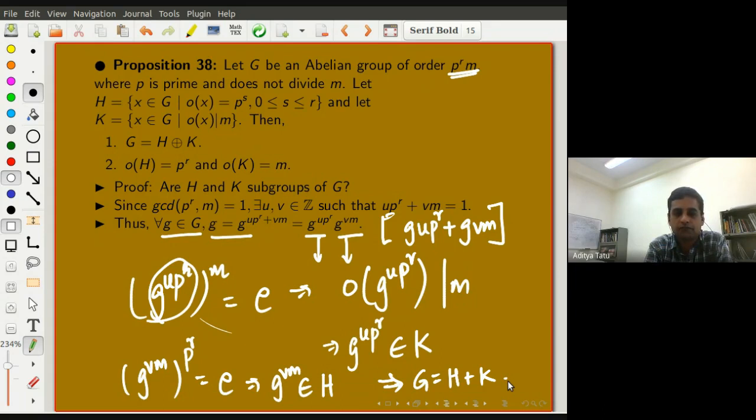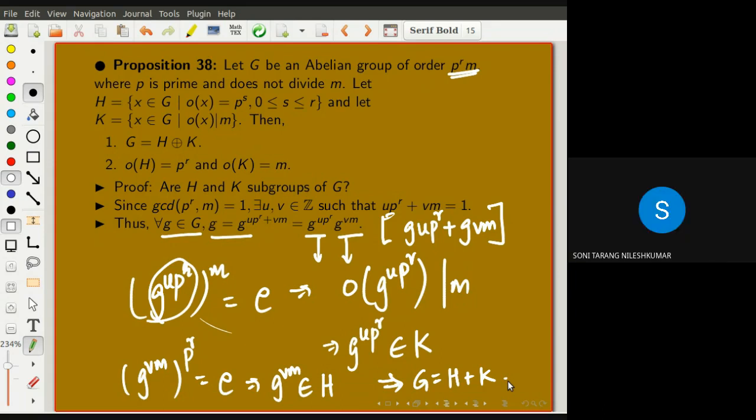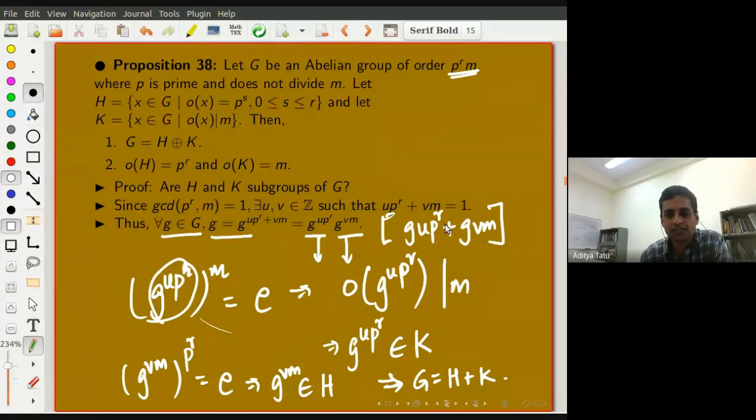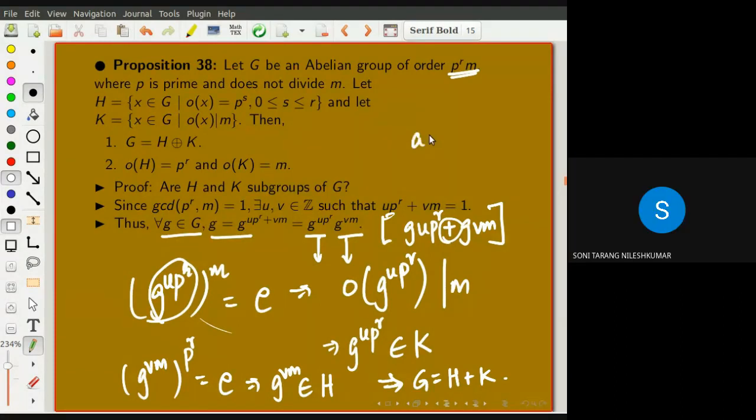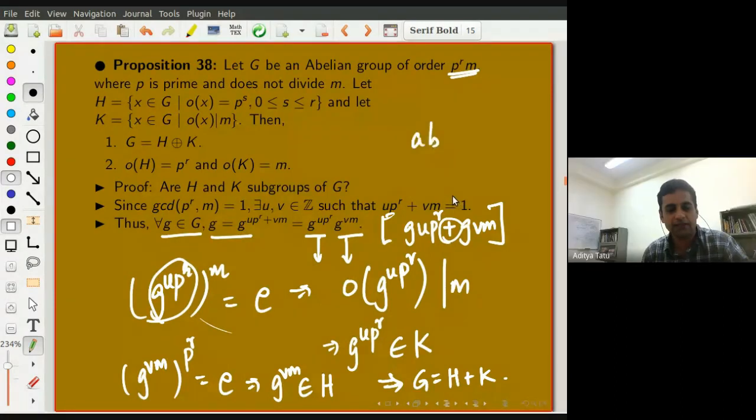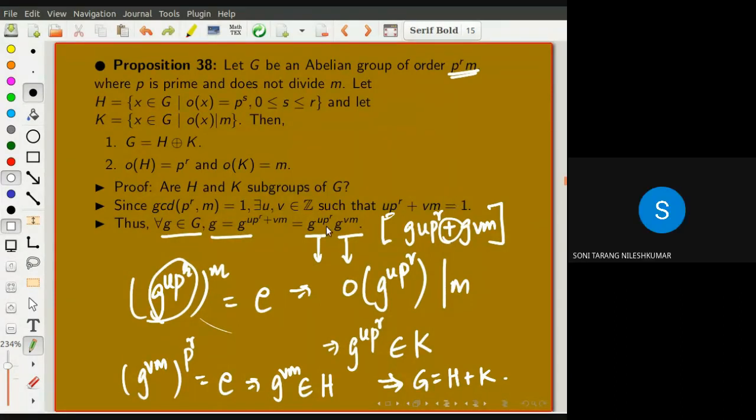Sir, I didn't get the last statement. How is g^(u p^r) times g^(vm) equal to g^(u p^r) plus g^(vm)? No, this is just a different notation. Remember the group is abelian.